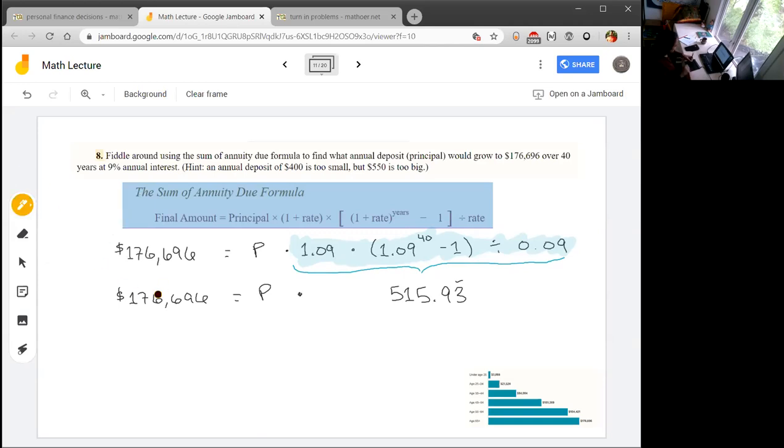So now I have a number is my letter times a number. I can get my letter by itself. What is that? So 176,696 divided by previous answer key.